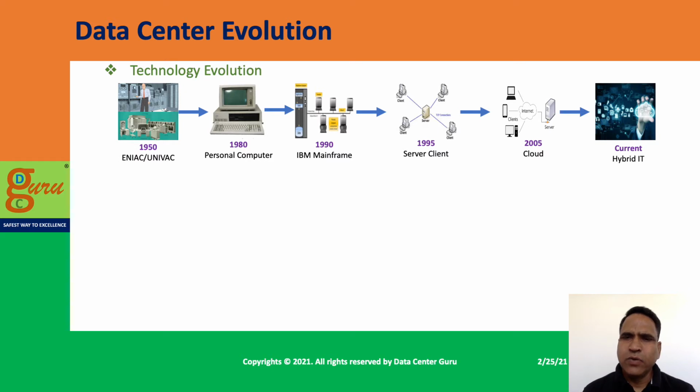So in terms of data center evolution, first is the technology evolution. Way back in 1946 the first computer was invented and started in the name of ENIAC, the Electronic Numerical Integrator and Computer. This machine used to do arithmetic calculations like addition and subtraction of substantial data and numbers, which was followed by a machine called UNIVAC.